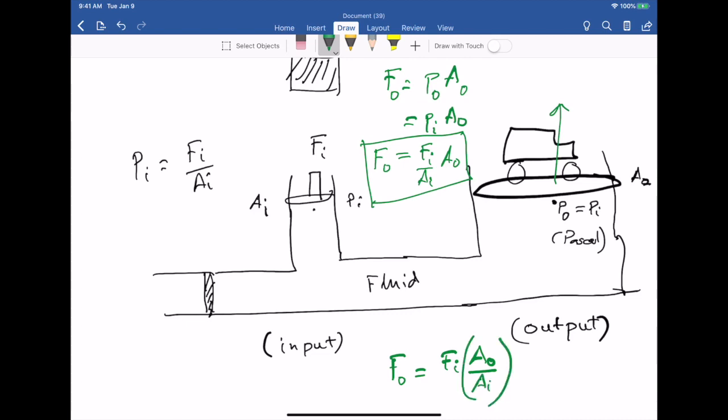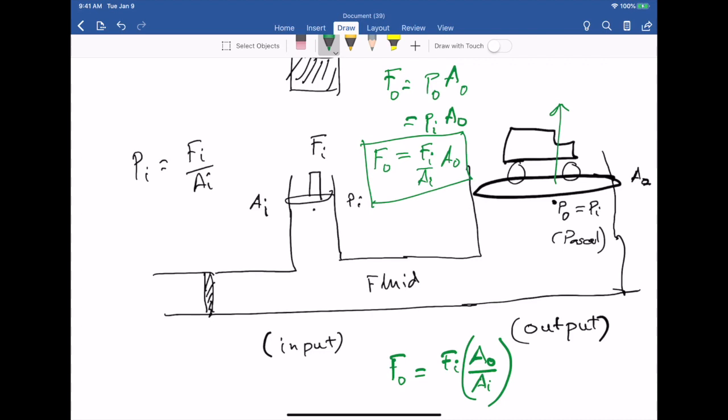Now I told you that you can make the output area as large as you like in comparison to the input area. So let's say that the output area is 100,000 times as large as the input area. That would mean the force on the output side is 100,000 times the force on the input side.